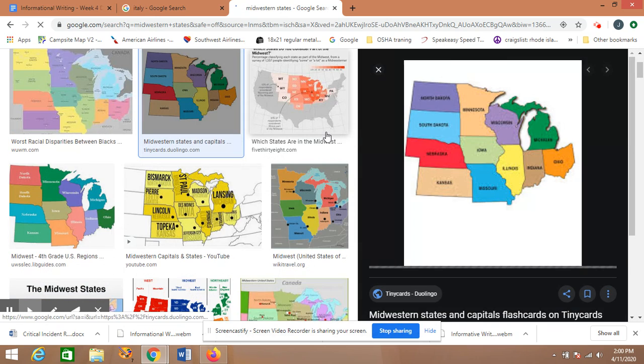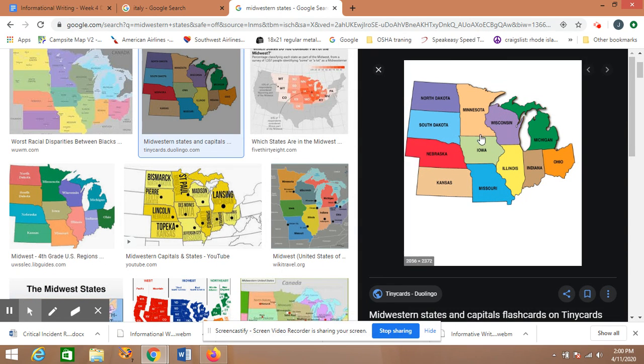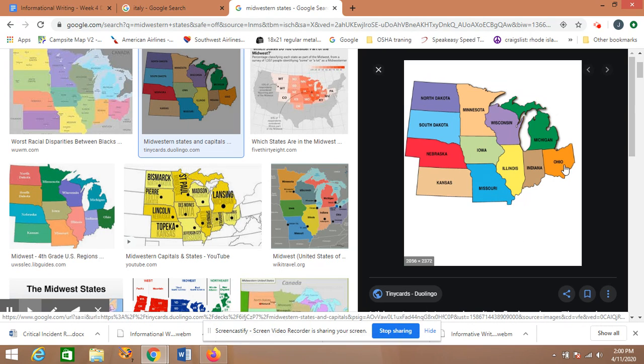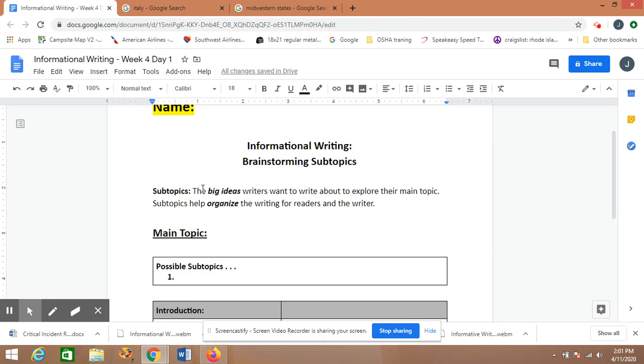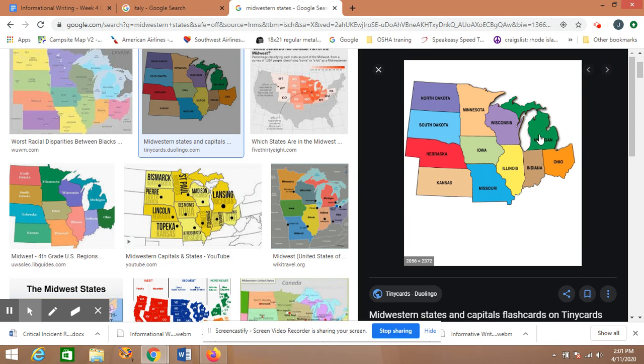We've been studying the Midwest. It's our last week with the Midwest this week. We'll choose one of the states. How about we could do Michigan? We'll start with Michigan.